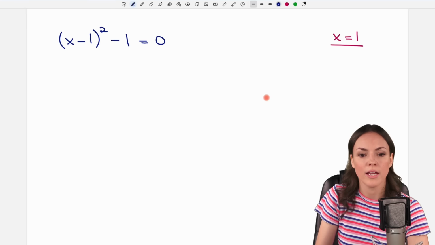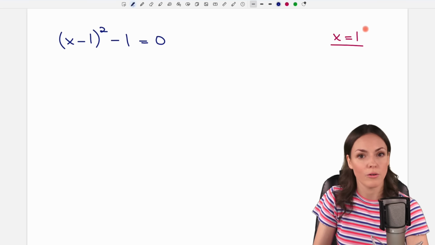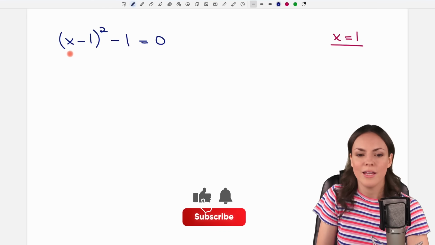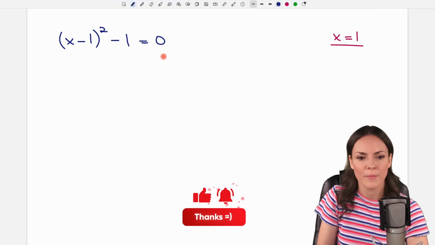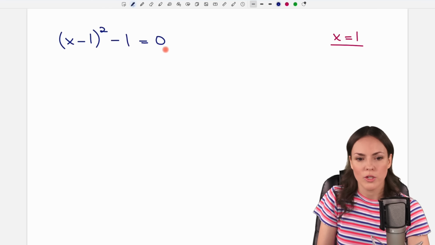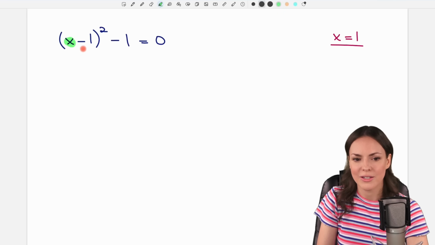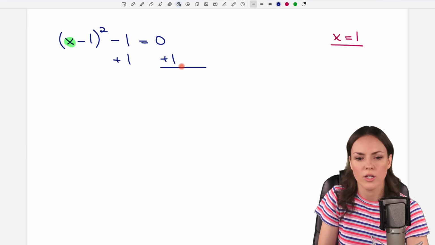So I wrote it down here, but we have in mind that we already found a solution, and maybe we find some more. We want to solve this equation for x as well. x is part of these parentheses here, so maybe first we bring this 1 to the other side by adding 1 on both sides of the equation.